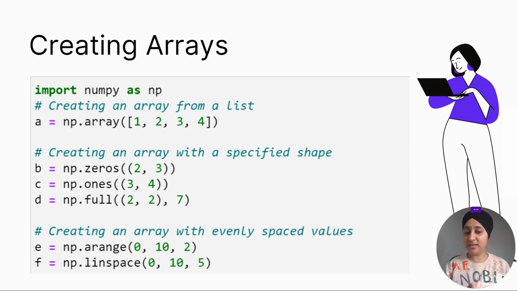So it is skipping every second element, right? 0 is there, 1 is skipped, 2, 3 skipped, 4, 5 skipped, 6, 7 skipped, 8, 9 skipped, and 10 is not included because this is exclusive of the end element, right?